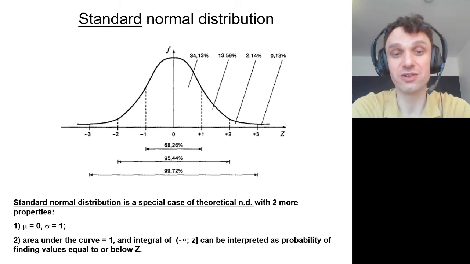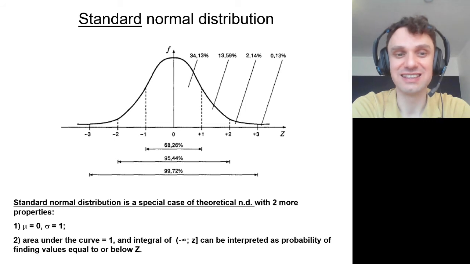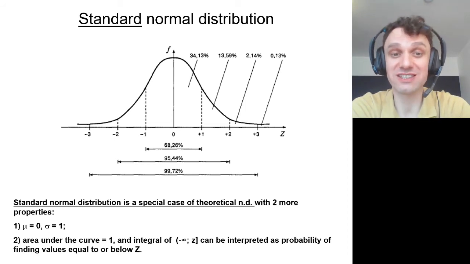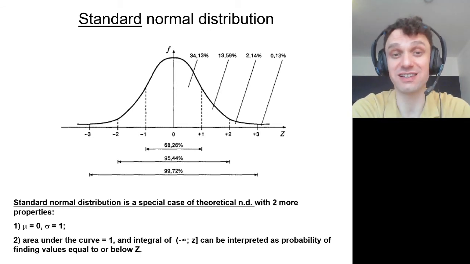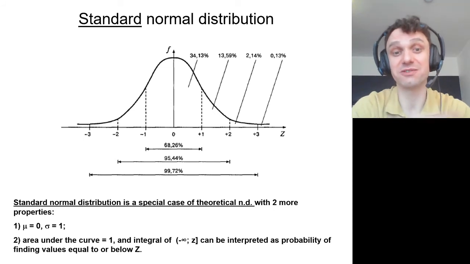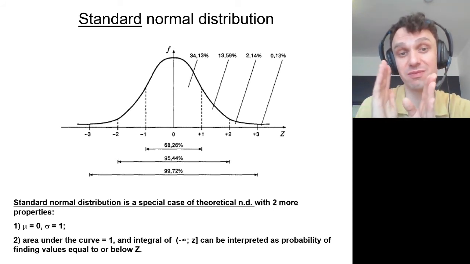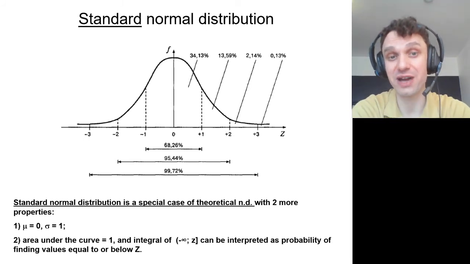In your sample, you can always calculate mean and standard deviation. So no matter how large your mean is and how large your standard deviation is, if your distribution is approximately normal, you will get 68% of individuals in the range from -1 to 1 standard deviation away from the mean.